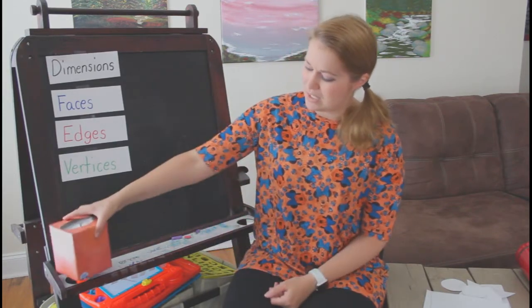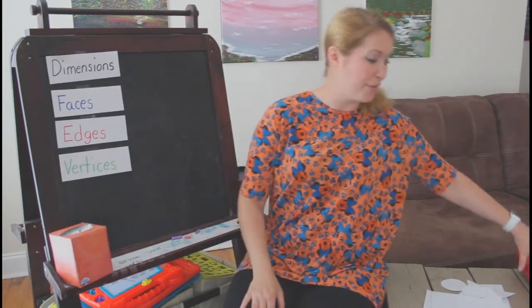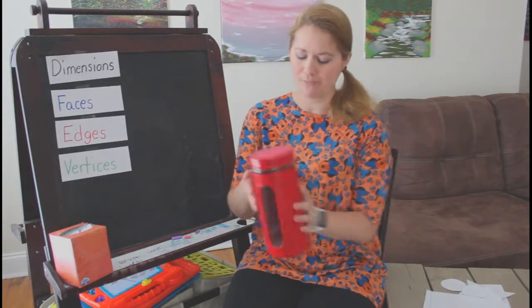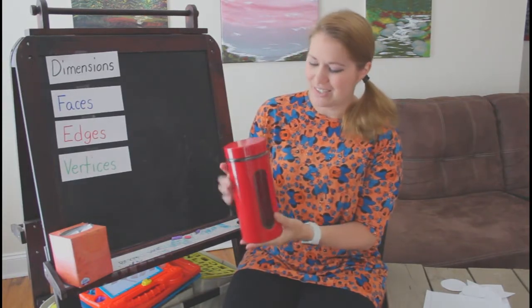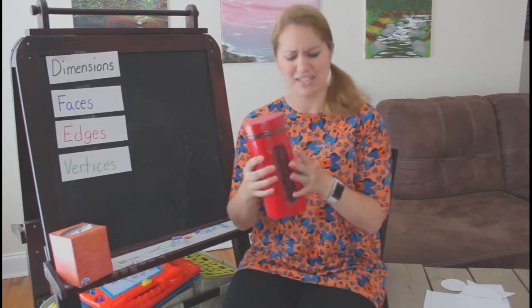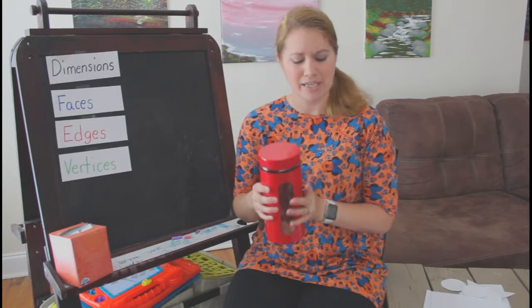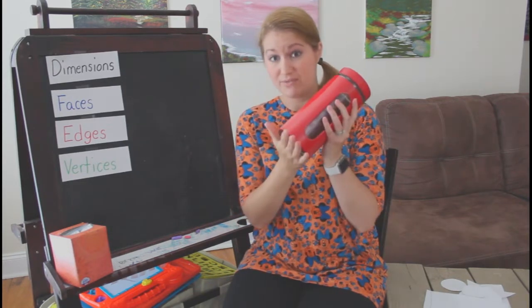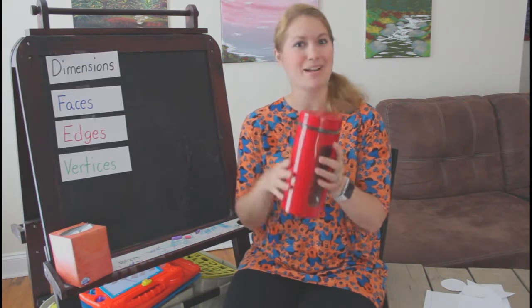I'm going to put it to the side right here, bring out another one that I have for you. This is a noodle jar, but in here, this shape does not have flat surfaces on the sides. So this one's kind of unique. This side is flat, and this side is flat, but the rest of it's not.